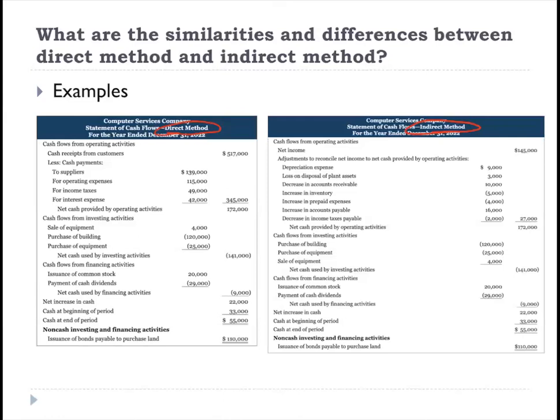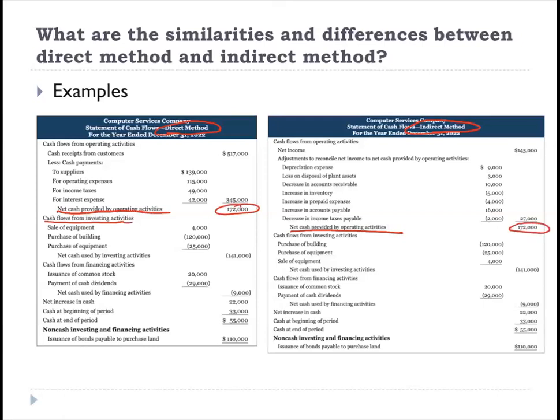So what are the similarities and differences between these two kinds of statements? If you look at them, there are actually a lot of similarities. For example, cash flow from operating activities is 172,000 in both.